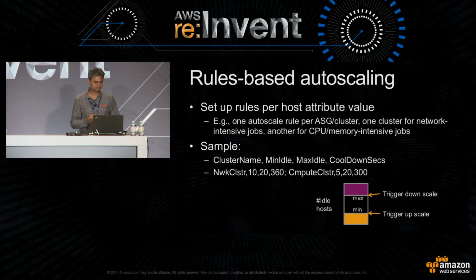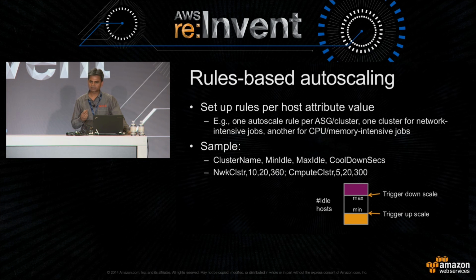So in Fenzo, you can set up a minimum idle that you always want to keep, just in case there's new workload coming in. You don't want to wait to spin up new instances. You want to have some buffer there. And then a max. If the number of idle resources falls below the min, then it gives you a callback to scale up. And if it goes above max, it gives you a callback, not just to scale down, but with a list of instances that can be terminated because they're idle.